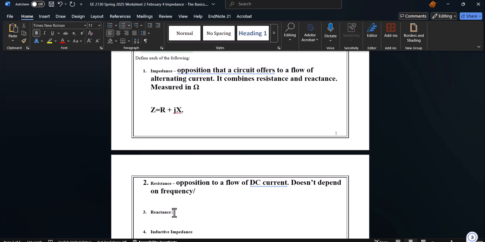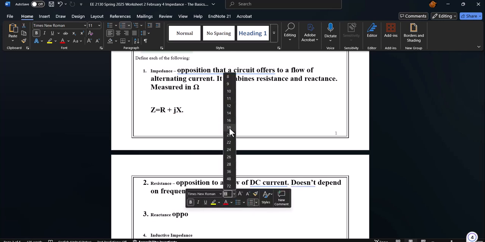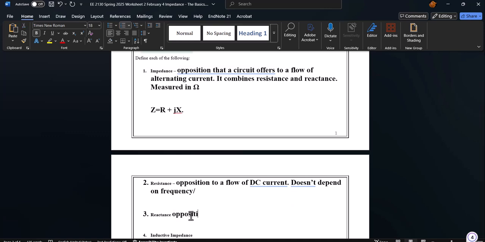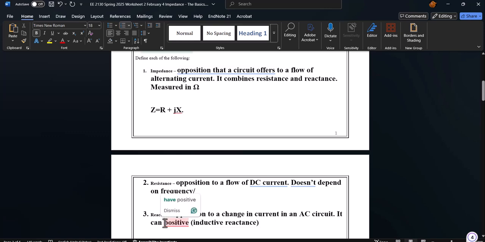And reactance is opposition to a change in current in an AC circuit. It can be positive, which we call inductive reactance. Can be positive.